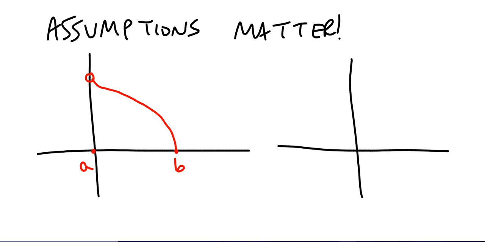If the function is not differentiable at every point between a and b, then there is not necessarily a place where the derivative is 0. The continuity matters, the differentiability matters.